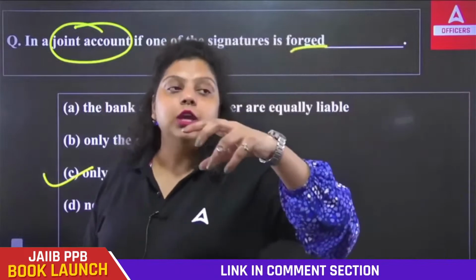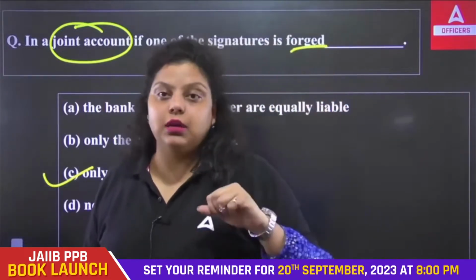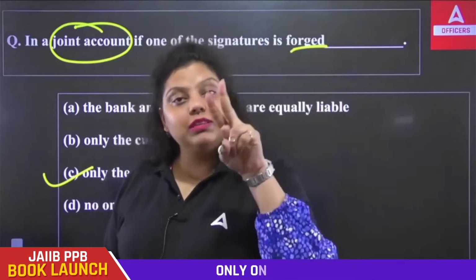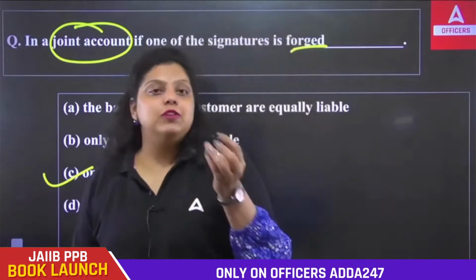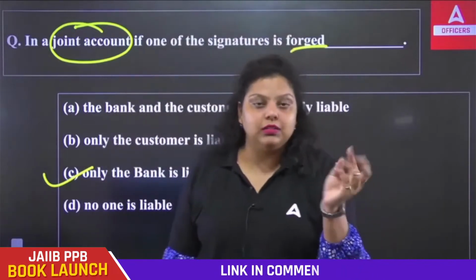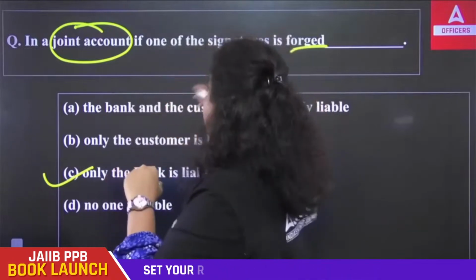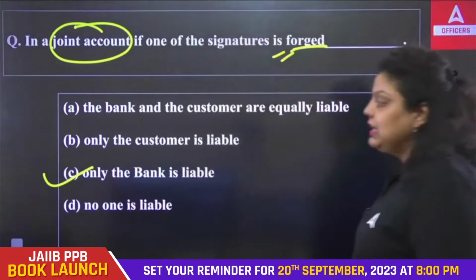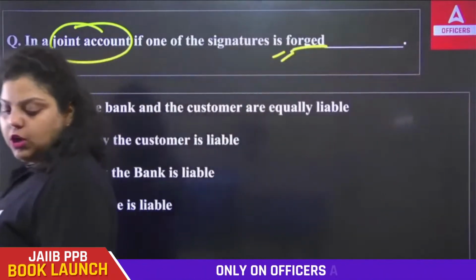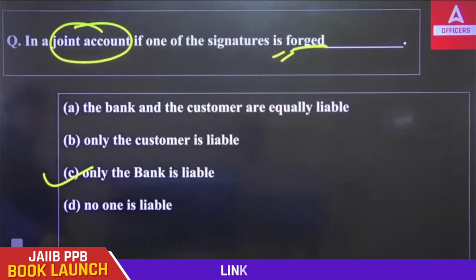If, let's say, you endorse the check to a third party and the third party endorsed it to another party, in that situation, if the second and third party signatures were forged, you did not have the specimen signature of those particular parties. So in that situation, the bank will not be liable. But in the situation where the primary customer's signature has been forged, the bank will be liable. So the right answer will be C option. Okay, the right answer will be what? C option.